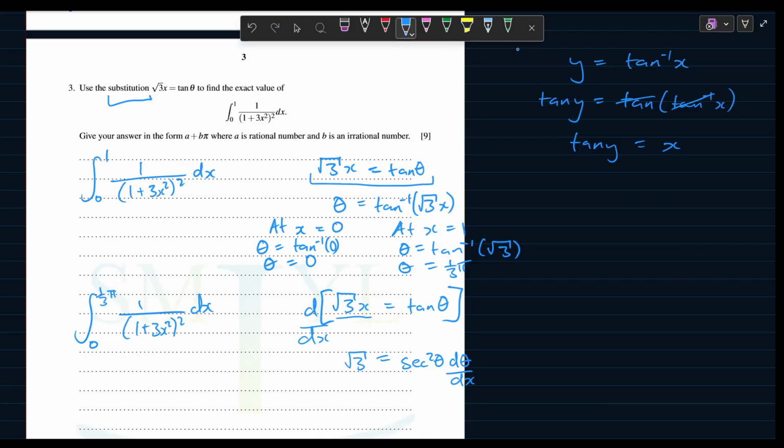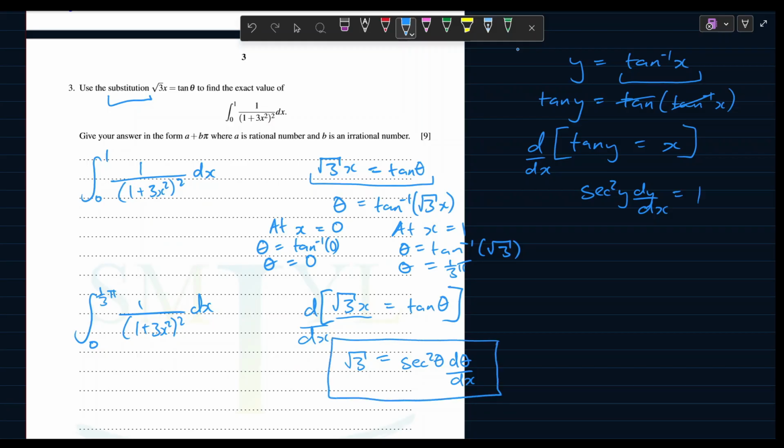And this you differentiate implicitly, because we don't know how to differentiate arctan directly. So we have to rewrite it in terms of tan so that we can differentiate it implicitly. With respect to x, it would be sec squared y dy dx is equal to 1, which is pretty much what we have here, except we are dealing with theta.